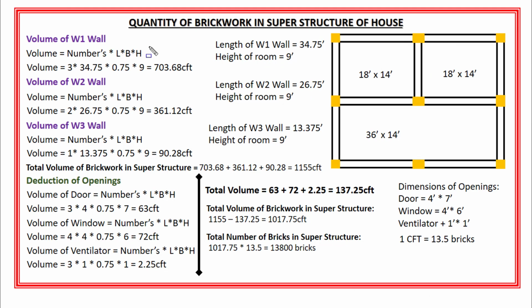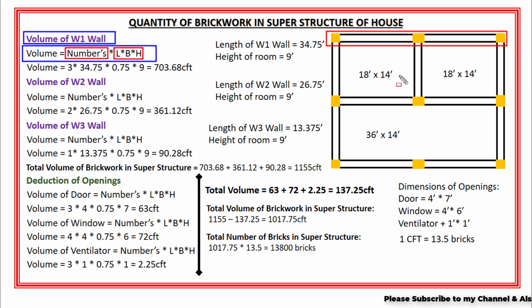Now let's start calculating the volumes of W1, W2 and W3 wall of this house. So at first is the quantity or volume of W1 wall. So the volume of W1 wall is equal to number of W1 wall multiplied by length multiplied by width multiplied by height. Here number of W1 wall in this house is 3.